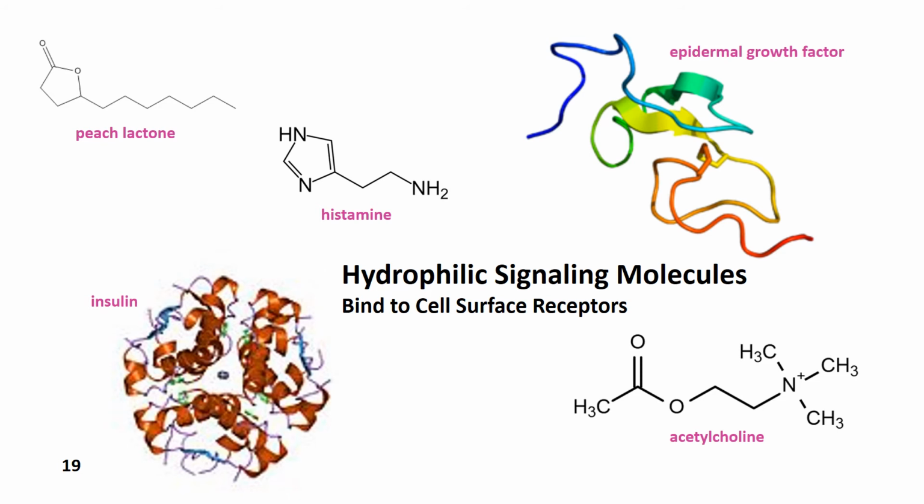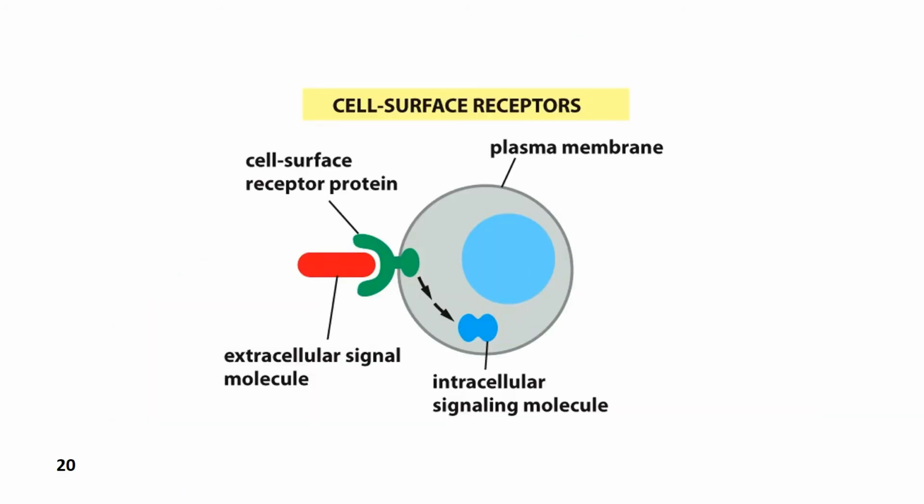We also have proteins like epidermal growth factor and insulin, and signaling molecules like acetylcholine. These bind to cell surface receptors because they are unable to pass through the plasma membrane.